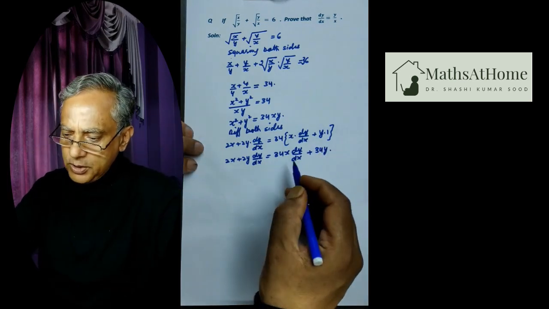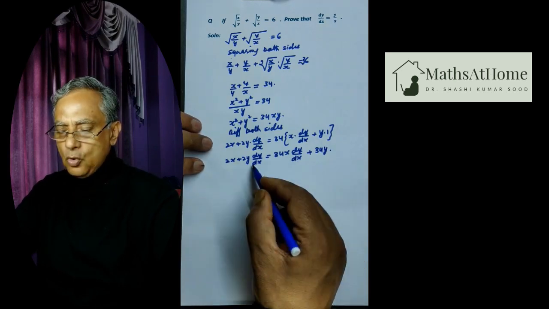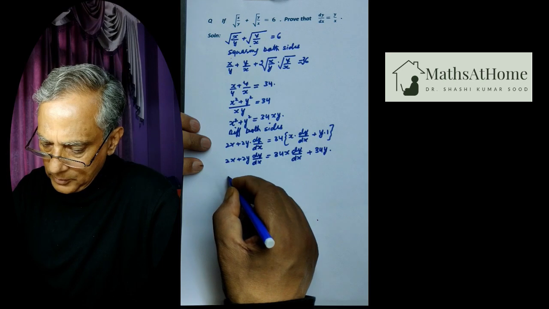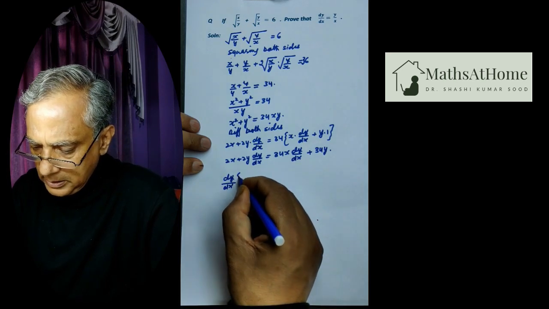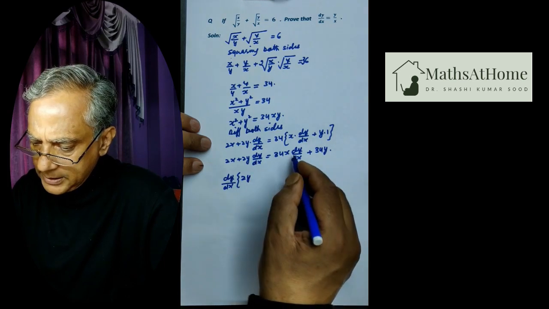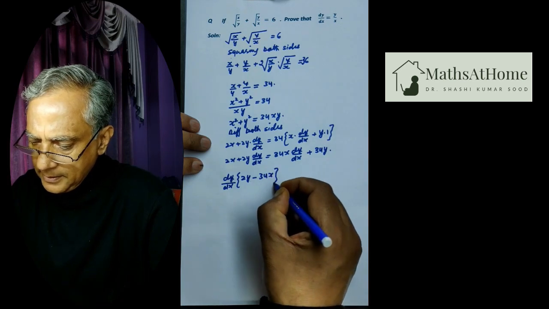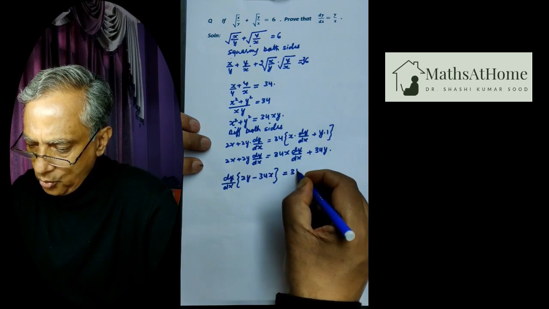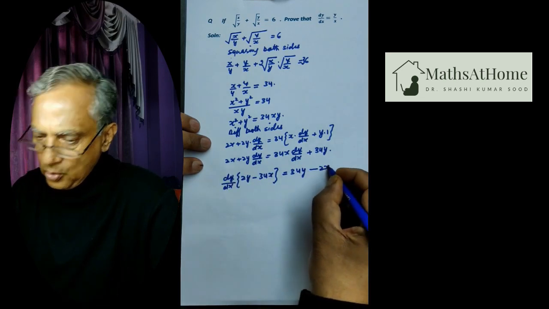Now what we do is we take the terms involving dy by dx to one side. So this will be dy by dx, and the term involving dy by dx here is 2y, and on this side we have minus 34x. And this is equal to 34y, and take this to the other side, minus 2x.